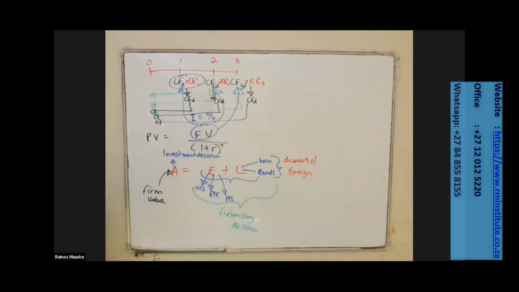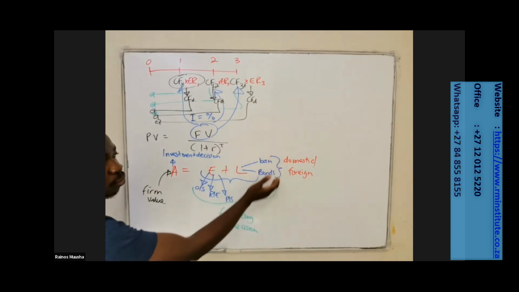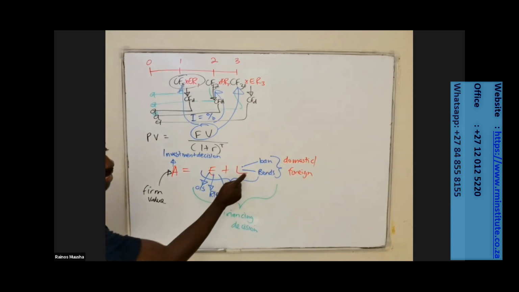So this is where you're now going to be making what? Financing decisions. So which means a multinational company or a corporation, it becomes more complex when it comes to the investment decisions and the financing decisions, mainly because there is more complexity involved when it comes to the allocation of the assets, and there's more complexity involved when it comes to the financing decisions as well, where you're saying, are we financing with equity, are we financing with liabilities? And even when it comes to financing with liabilities, what are going to be our sources of loans and bonds that we are going to be utilizing for the liabilities?